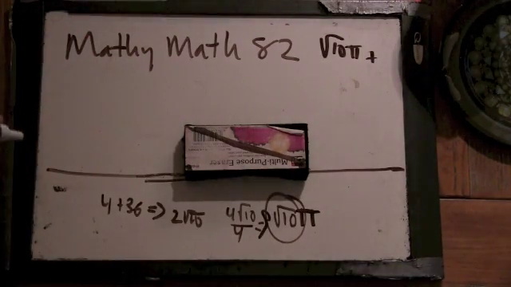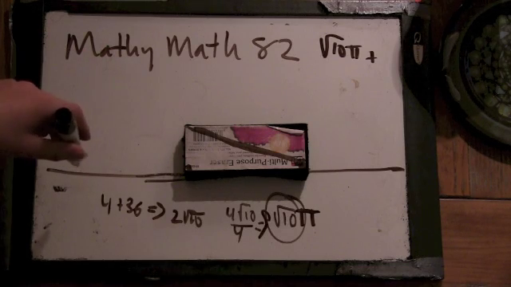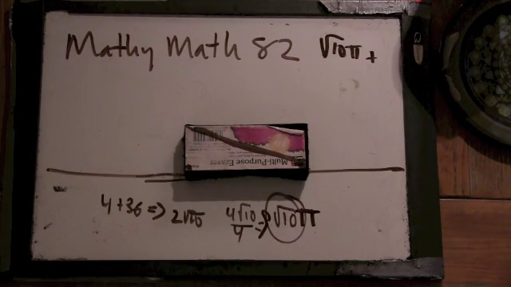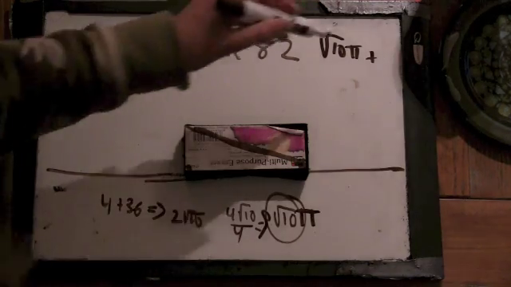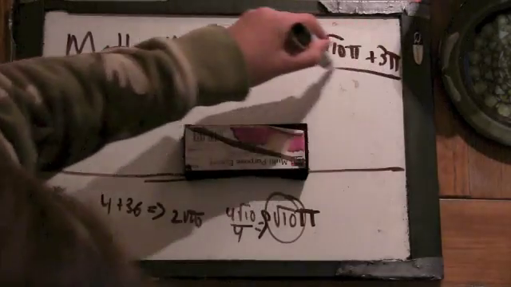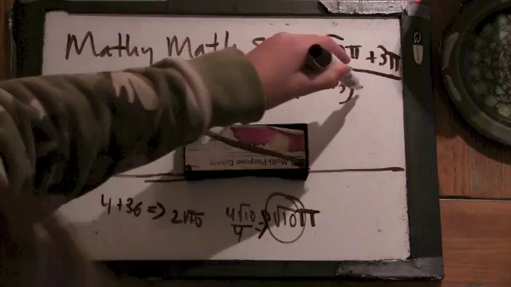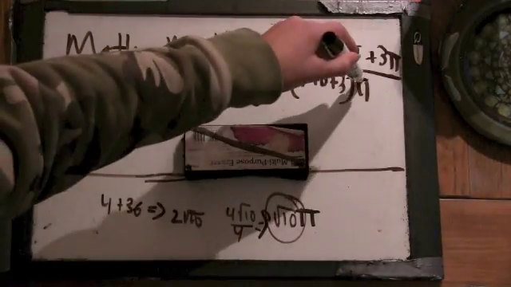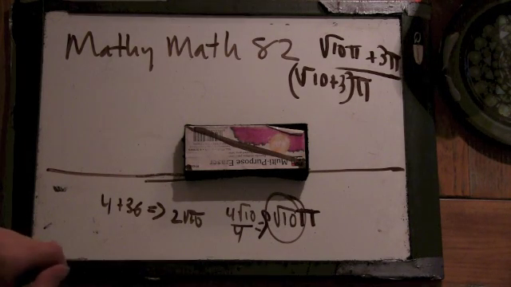Radius 6, the circumference is 12 pi, so the fourth of the circumference is going to be 3 pi. So now they want it as root 10 plus 3 pi. Root 10 plus 3 times pi is actually a choice.